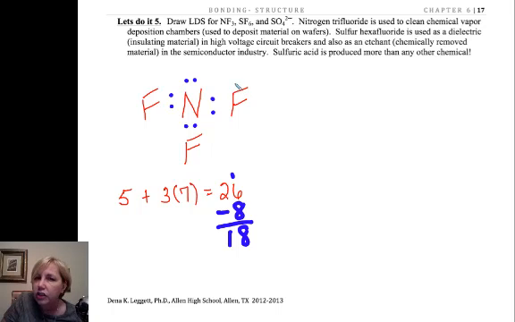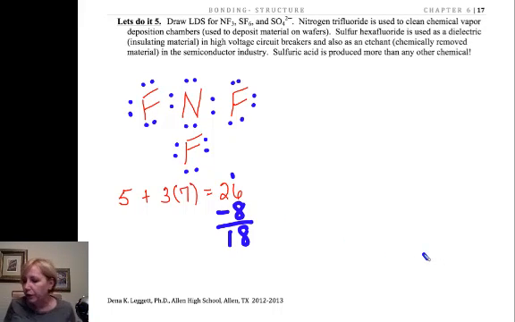So I like to go in a circle like this: 2, 4, 6, 8, 10, 12, 14, 16, 18. Now, the reason I like to do that is there are times when that's how you would find out that things double bond. And so it's nice to kind of spread them out evenly.